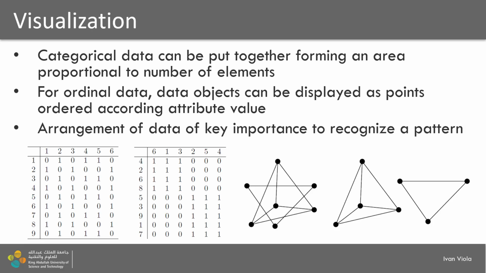So we can have different categories, maybe some database of flowers, and the flowers can be categorized according to color, and there could be a number of red flowers, a number of blue flowers, a number of yellow flowers, and they could be represented in the visualization by an area which will be encoding how many of those flowers in the database have the particular color.